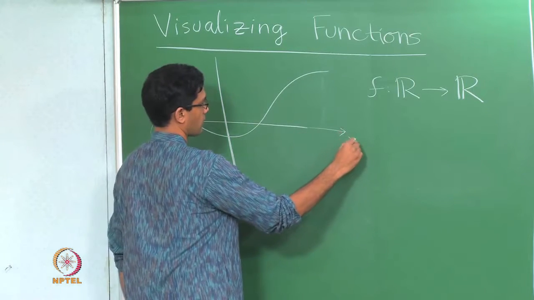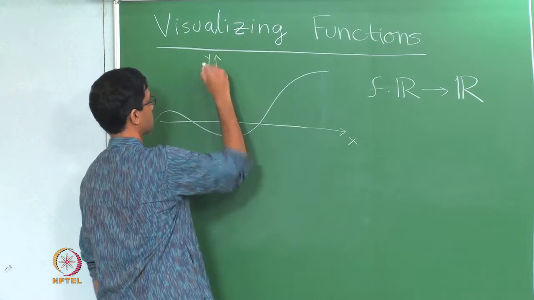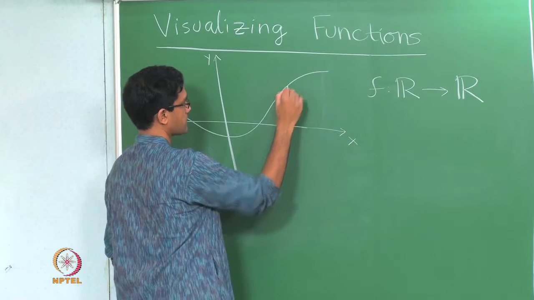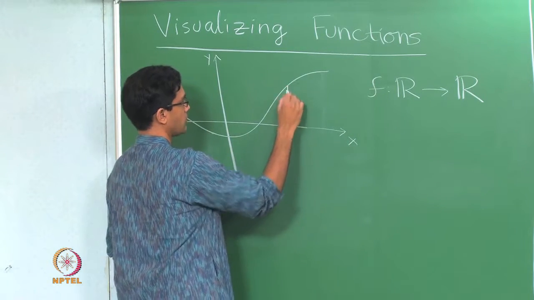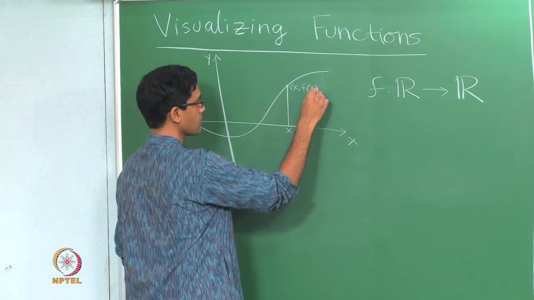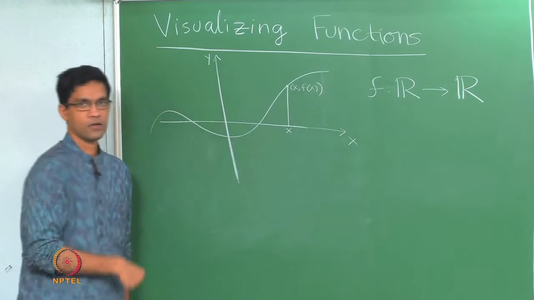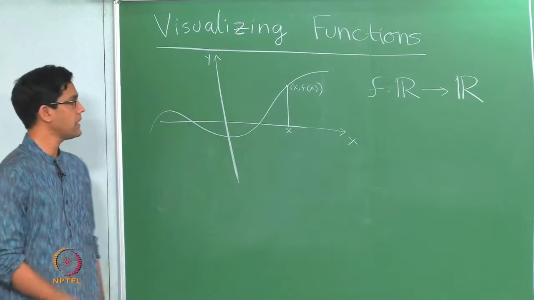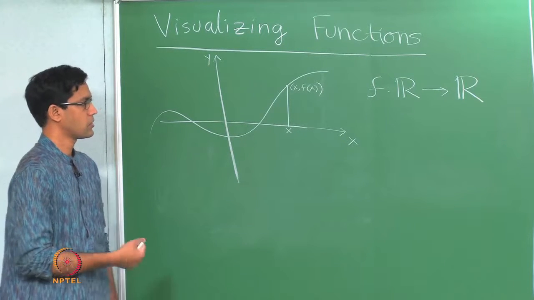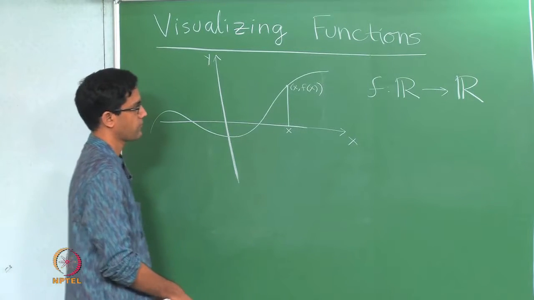So we talked about what the graph meant and also what continuity meant last time. So for each value of x you look at the corresponding point (x, f(x)) on the graph, and you let x vary, and what it traces out is what we call the graph.